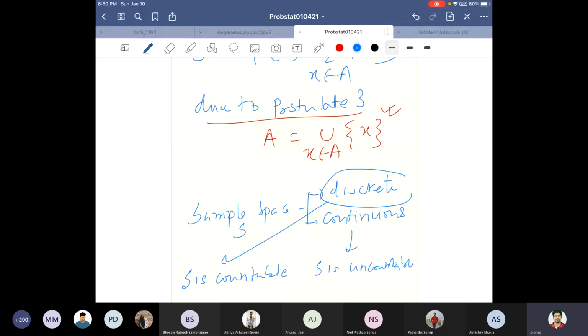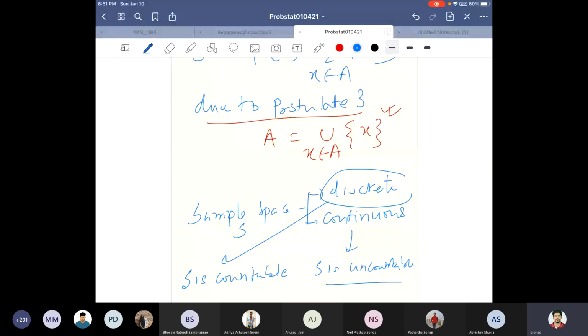Suppose we want to measure height. Height can be considered at any value, let's say from 4 to 6 feet. So the sample space could be from 4 to 6. You measure something which can take any value from an interval, then we say it is continuous. The possible outcomes are continuous.